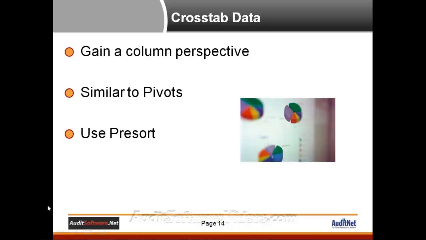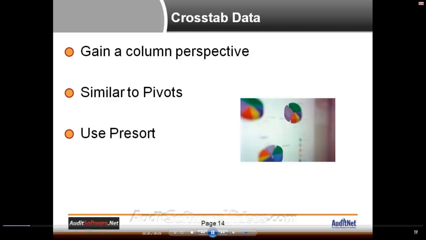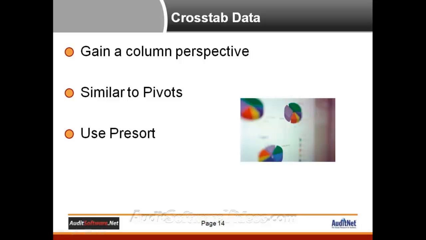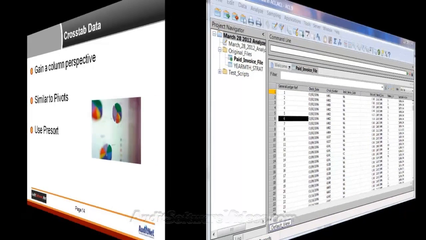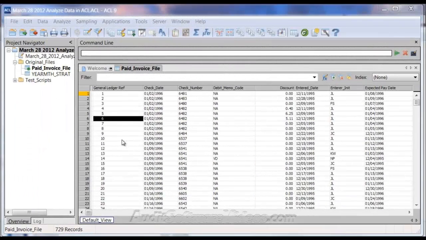So it's almost like a stratification into the columns for department, and then summarizing all of that by vendor, which would represent the rows. It's very similar to pivot tables if you've ever worked with those in Microsoft Excel. And again, just like the summarize command, you want to be a little bit careful with the cross tab in that you need to sort things.